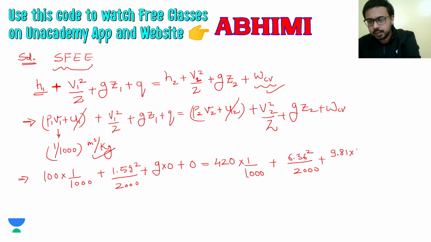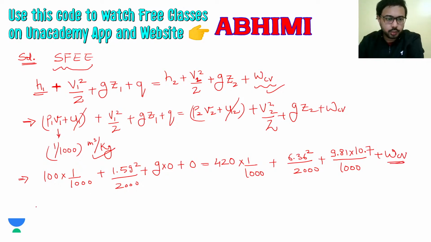So Z2 elevation will be 10.7, and then we will divide this by 1000 to make it into kilojoule, and the work control volume needed in this question can be calculated from this equation. So let's solve this and find the answer here.